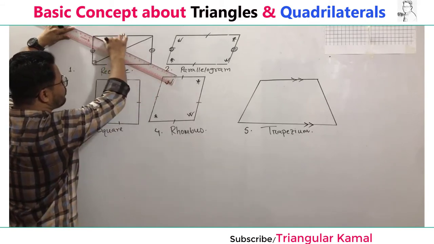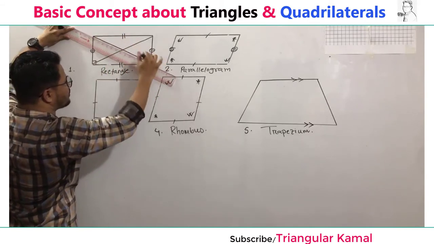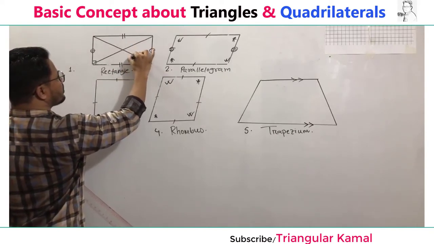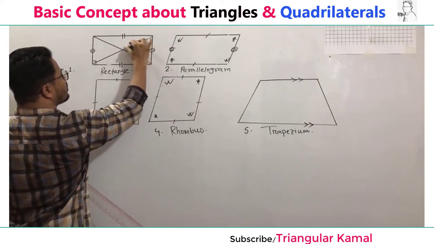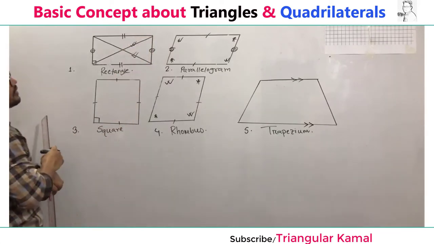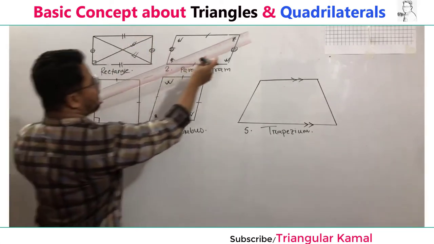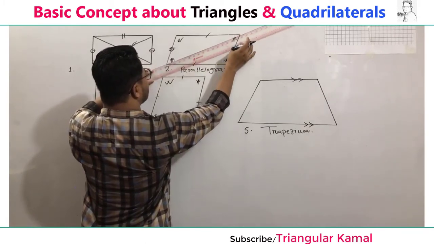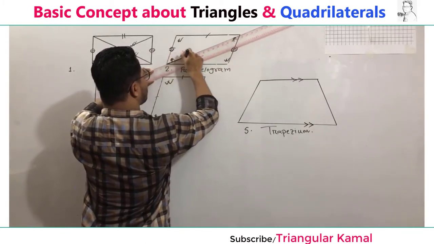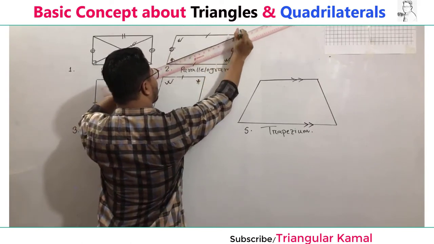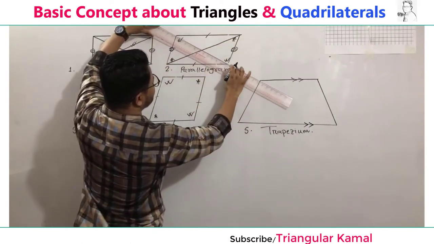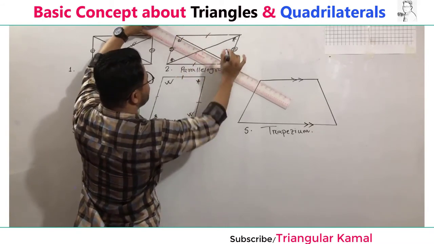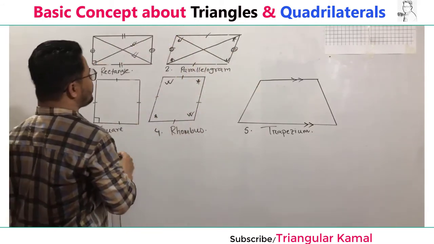Here in the rectangle the diagonals are the same in measure. But in the parallelogram, the diagonals are not the same. One diagonal will be greater than the other. The two diagonals are not equal here.